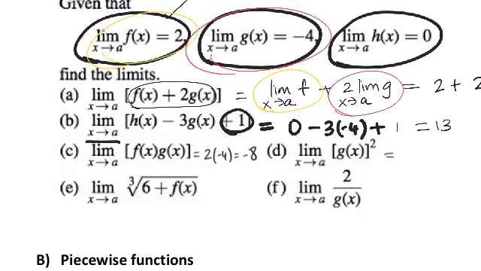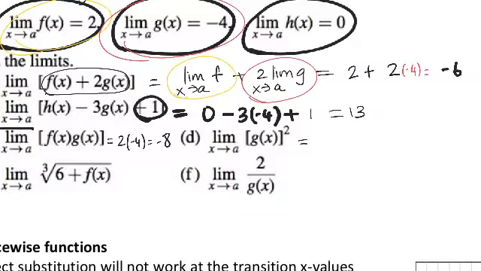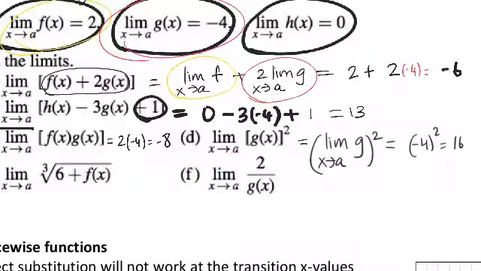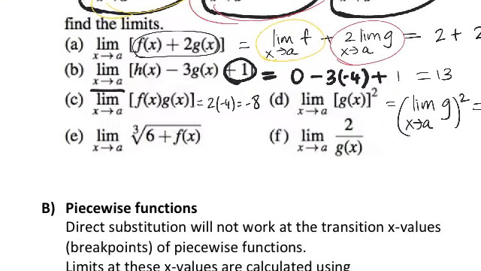Okay, here we have the limit of a power, right? So what we're doing in this case is taking the limit of g as x approaches a, and then squaring that. In this case, that would be negative 4 squared, which is positive 16. Same thing here. This is 6 plus f of x to the power 1/3.